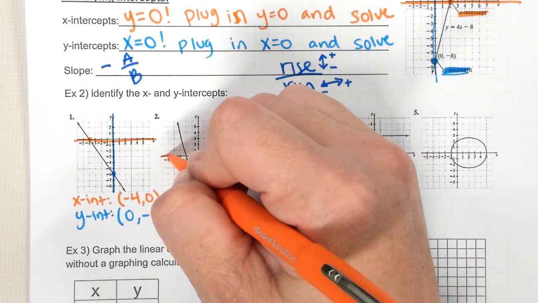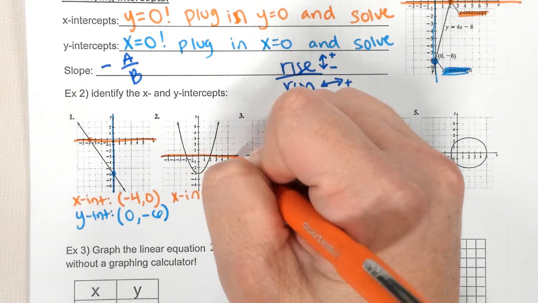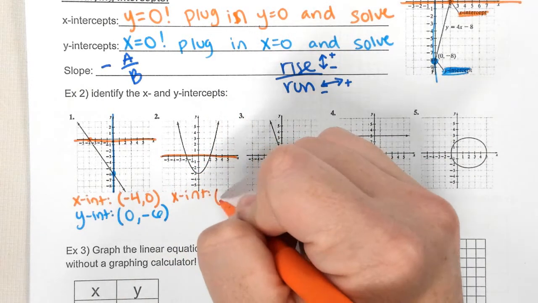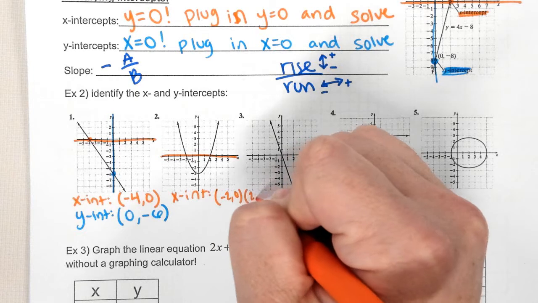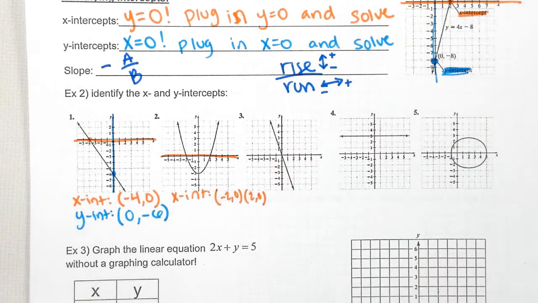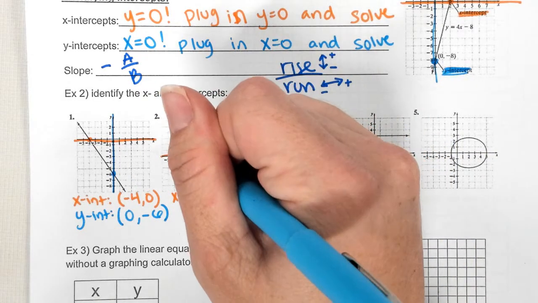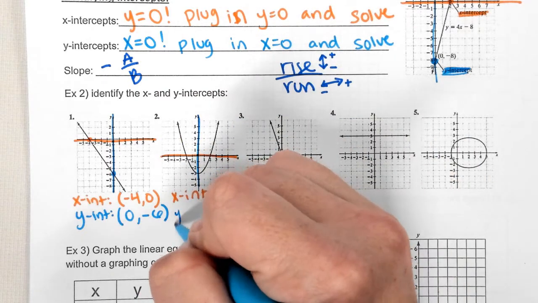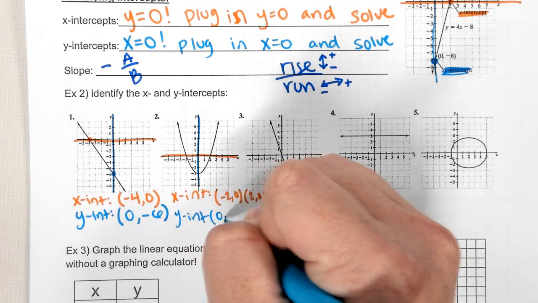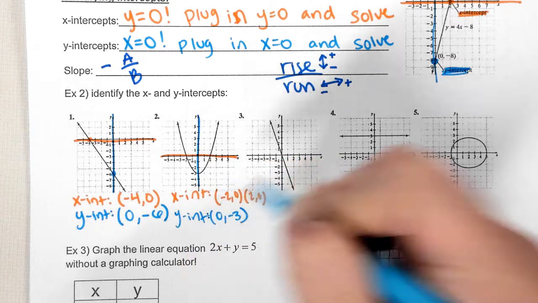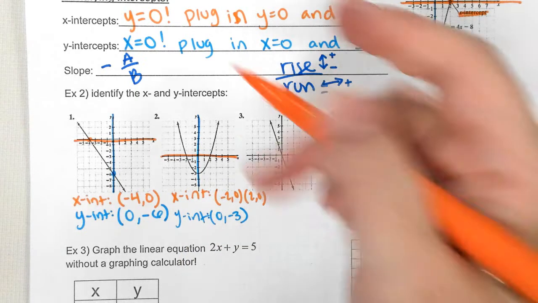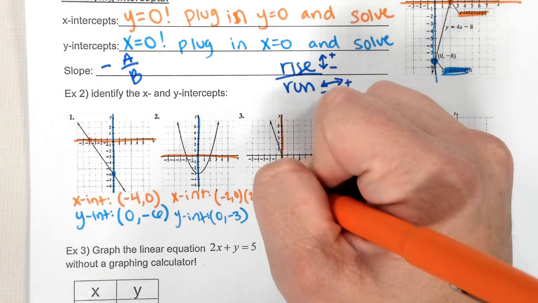So what's my x-intercept for number 2? -2, 0. Perfect. What about my y-intercept? 0, -3. Okay, somebody else tell me my x-intercept for number 3.